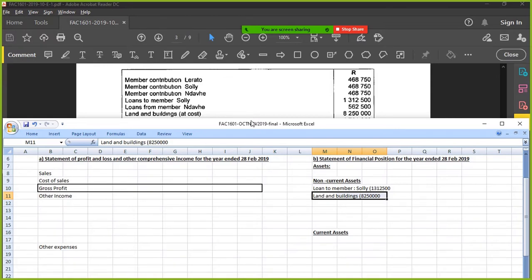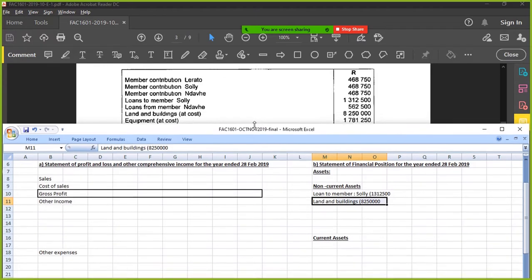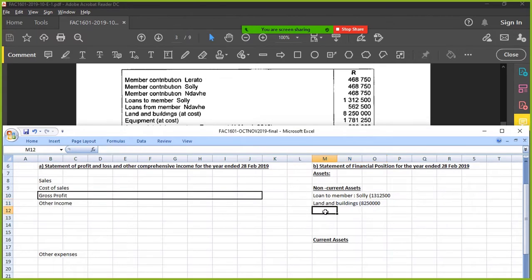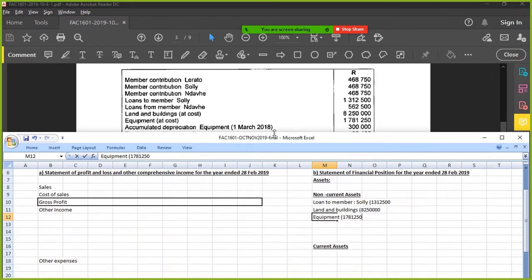8250000. Okay, all right, and then we've got equipment in brackets 1781250. Accumulated depreciation, you can see that's at the beginning, so minus 300,000.